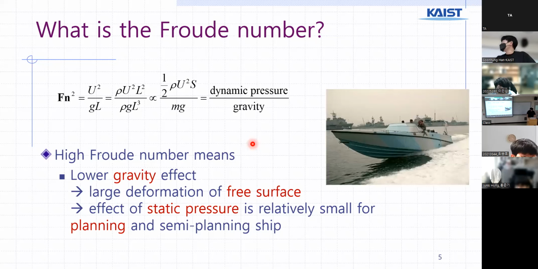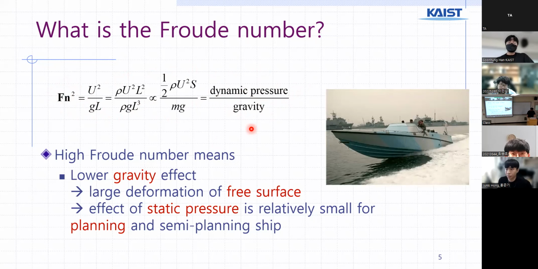And the next dimensionless number is Froude number, which is really important for ship dynamics. The definition of Froude number is like this one: dynamic pressure divided by gravity.